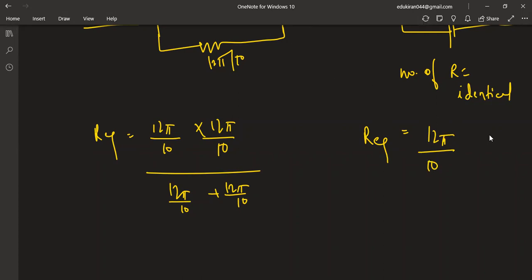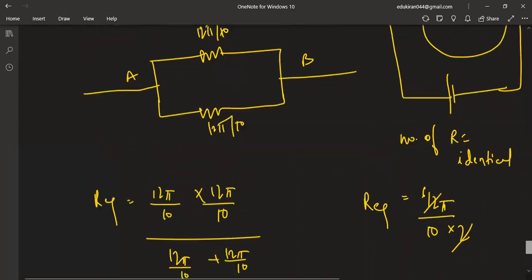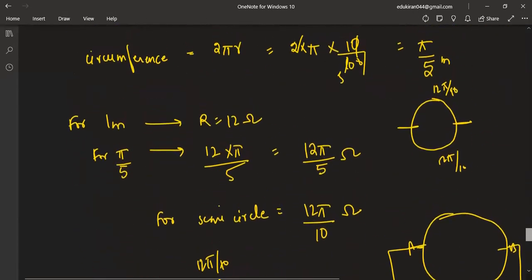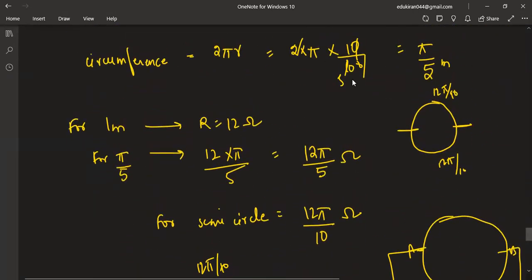Here we just have 2 resistors, so divided by 2. This gives 6, so 0.6 pi. So that was, I think, our option A. This is how you solve this question. Note down the solution and text me done once completed.